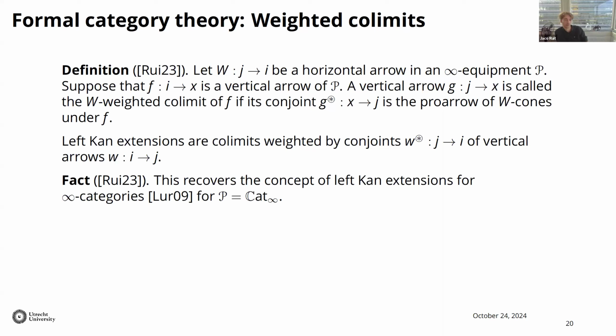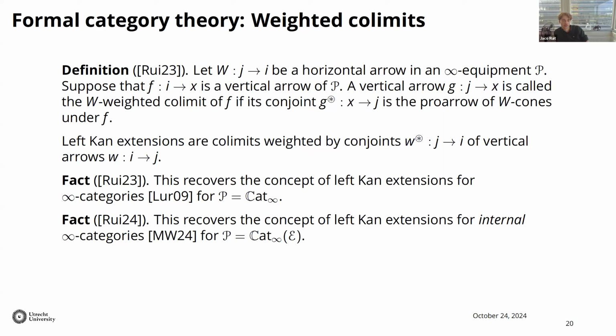That's all very reassuring, I would say. Another fact is that this also recovers the concept of left Kan extensions for internal infinity categories, due to Martini and Wolf, where P is the double infinity category of internal infinity categories. So this is a sanity check that this is the correct definition.